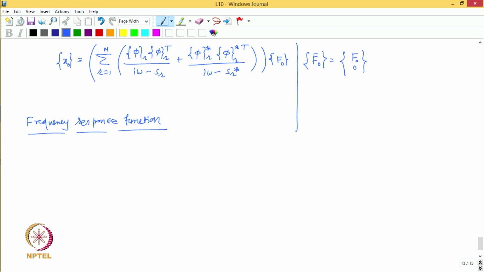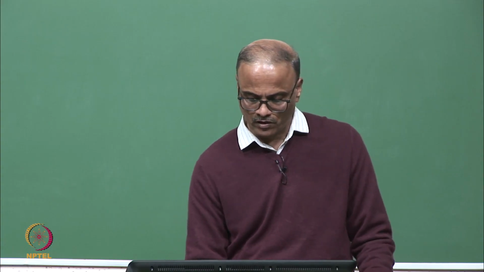If we are interested to find out the frequency response function alpha j k, which is nothing but the response at the jth coordinate due to the force at the kth coordinate, then similar to the process we followed in earlier lectures, to find this frequency response function from the steady state response, we define the force vector as consisting of no forces at all the coordinates except at coordinate k, which is subjected to a harmonic force of unit amplitude. So, this is the kth coordinate.